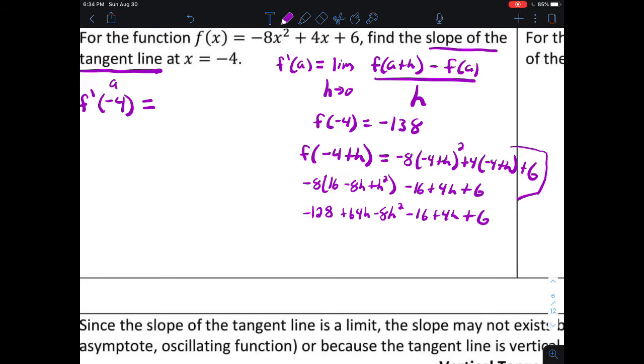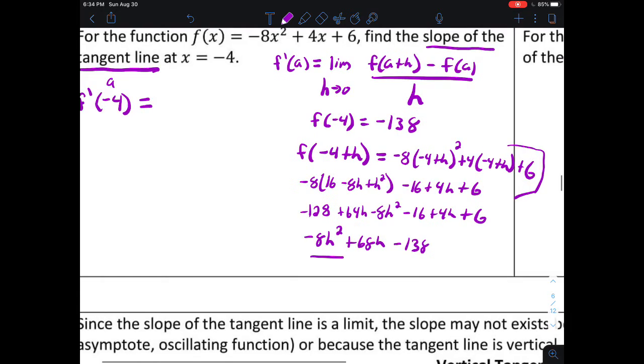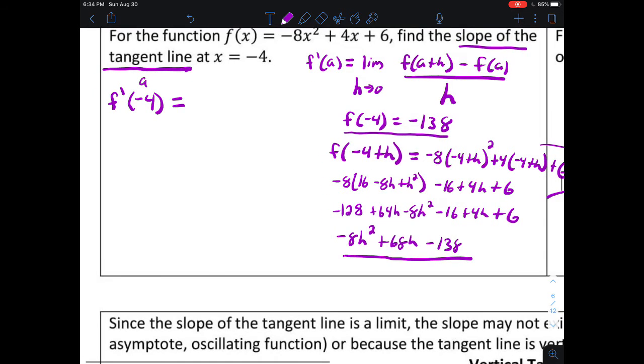And so we combine like terms right here, and what we get is negative 8h squared plus 68h minus 138. And so we know what f of a plus h is, in this case negative 4 plus h, and we know f of negative 4 is equal to negative 138.